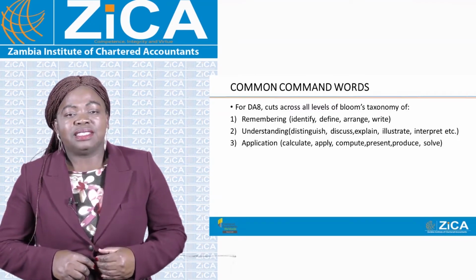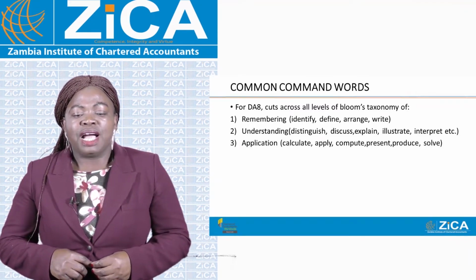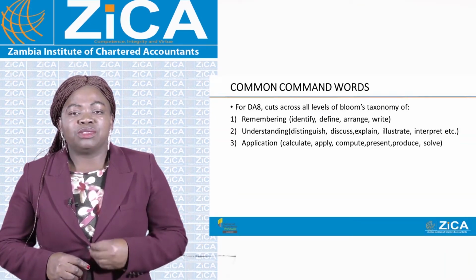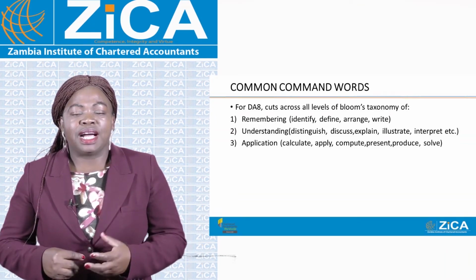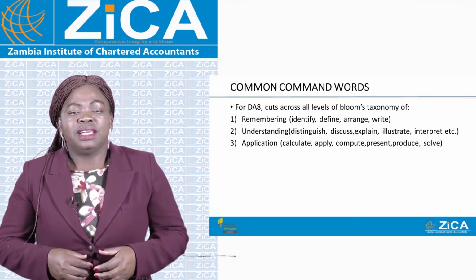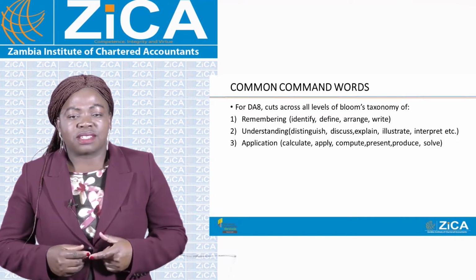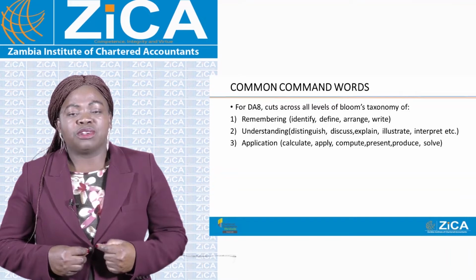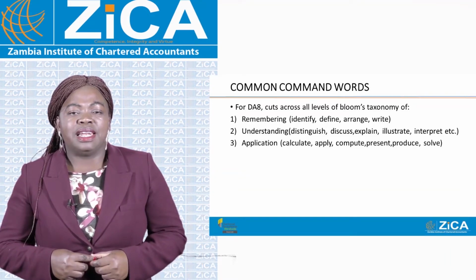The second stage is understanding, and you get a lot of questions from the understanding level, where you're asked to discuss, explain the accounting treatment, and show how they should be presented in financial statements extracts. For you to explain, you need to understand the principles of a given accounting standard.